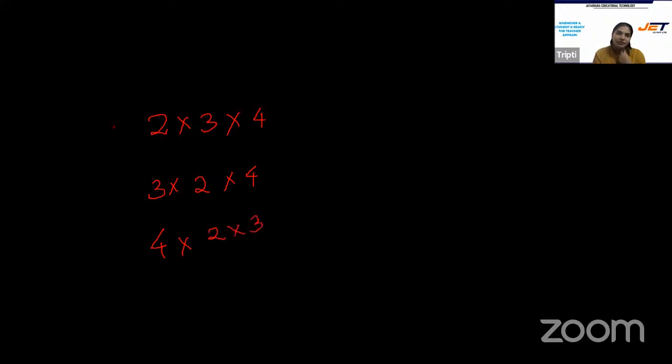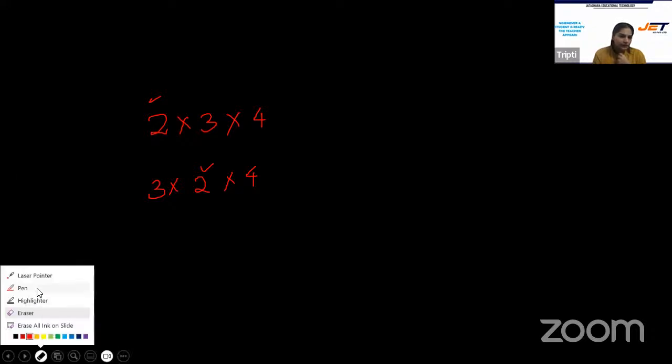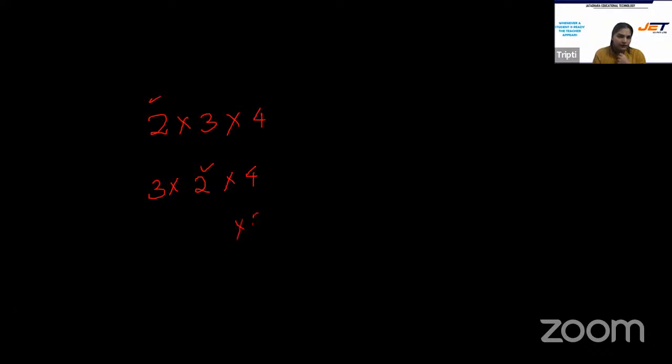Okay, I have changed the places of the numbers. 2 is at the first place, second place, and let me put 2 at the third place as well. 3 is at the first place, second place, and third or maybe anywhere. If I have changed the place like this or anywhere you say, what will happen?